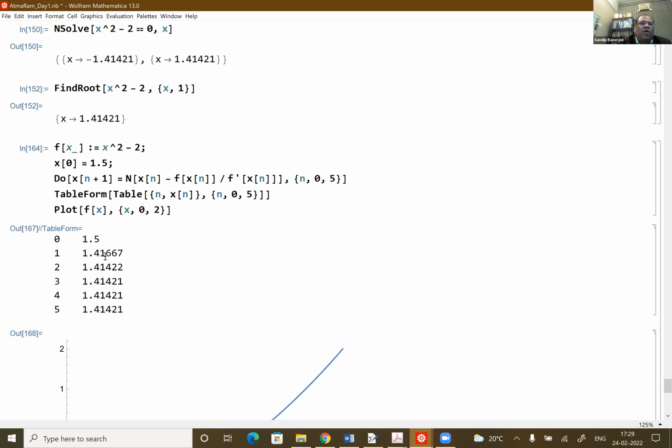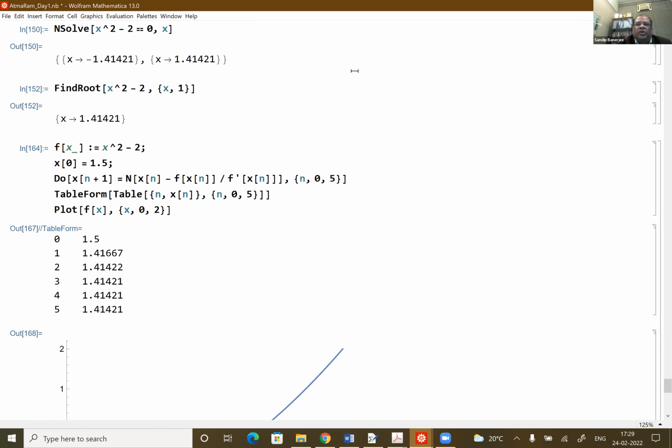So this is exactly what you are familiar with. That is exactly what I'm saying. If you want your answer in this form, you have to write a small code like this. So this will work for Newton-Raphson, and for fixed point iteration all you have to do is change the formula here, and it will work.